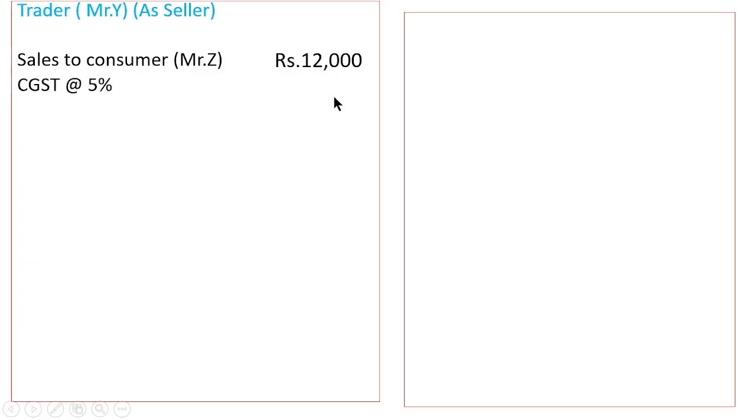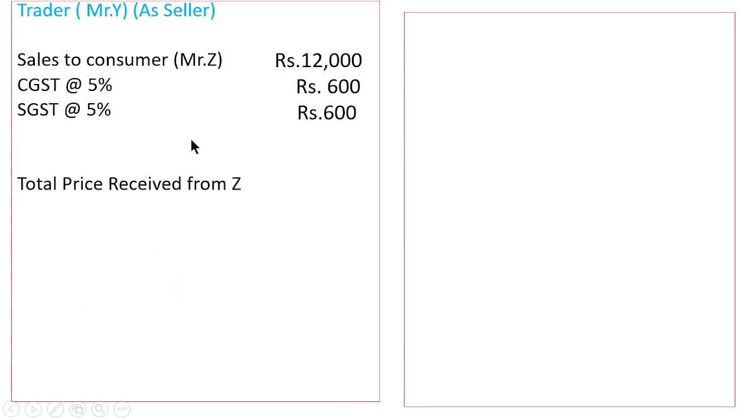Next, the trader, a seller, because the trader sold goods to Mr. Z, a consumer. So sales to the consumer is 12,000, because he added 2,000 profit to the 10,000 worth of goods, so the total value is 12,000. And he collected GST, CGST 5% 600, SGST 5% 600.